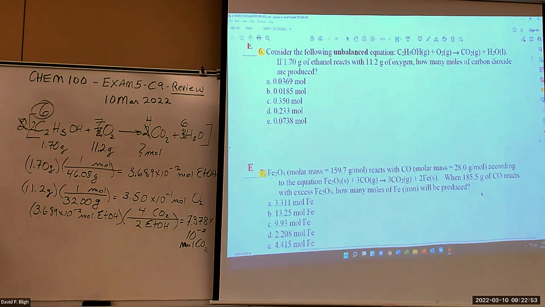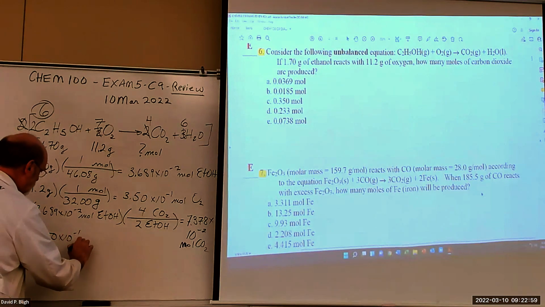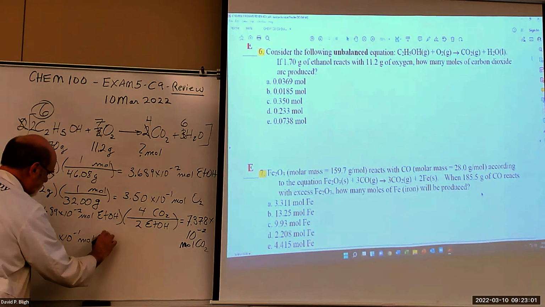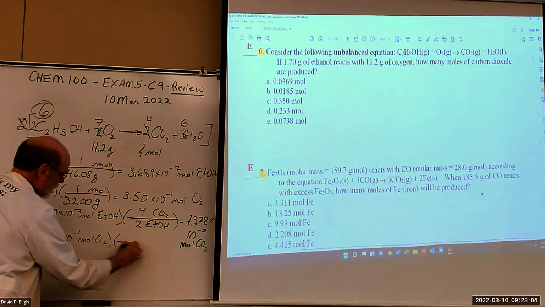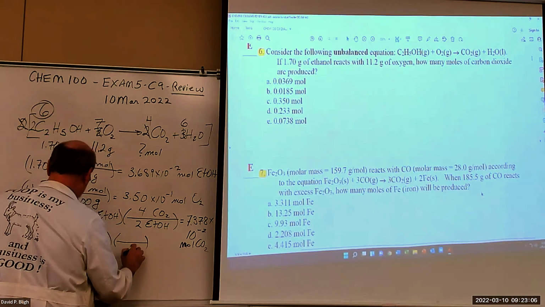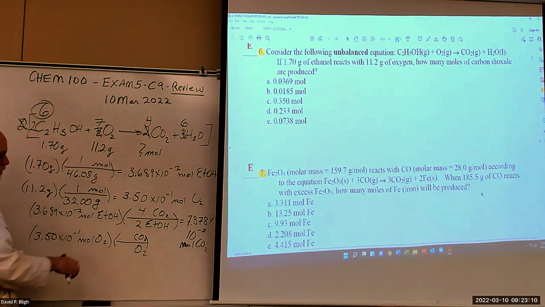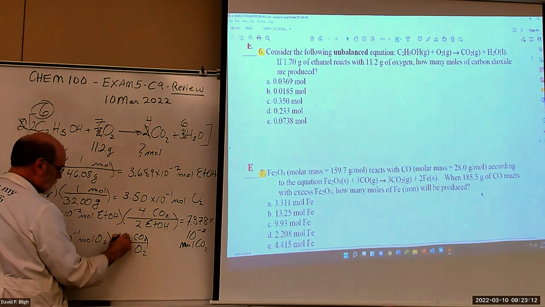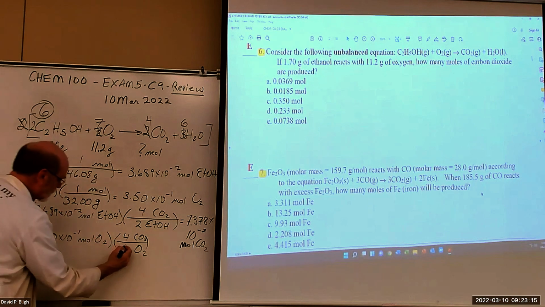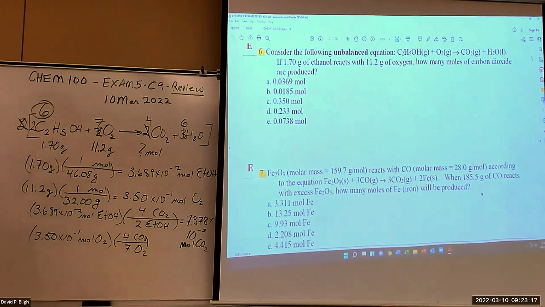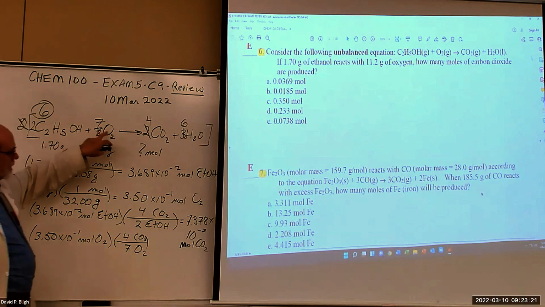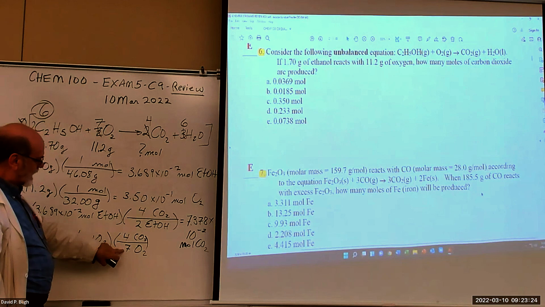Okay, so we do the same thing for oxygen. 3.50 times 10 to the minus 1 moles of oxygen. And then we need to convert this one from oxygen to CO2. So the coefficient here would be, again, 4 for CO2, and oxygen now would be 7. If we hadn't removed the fraction, then this would be 2, and that would be 7/2.